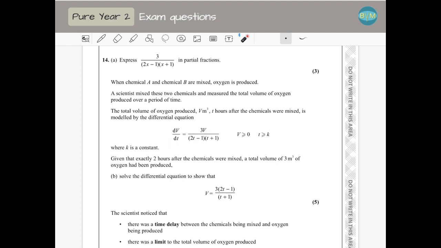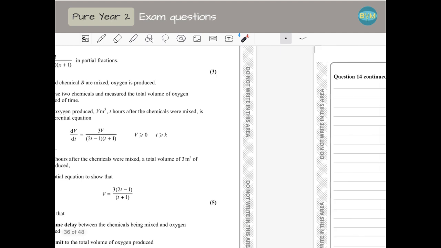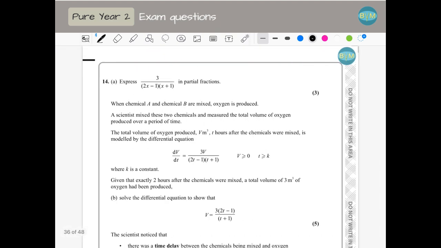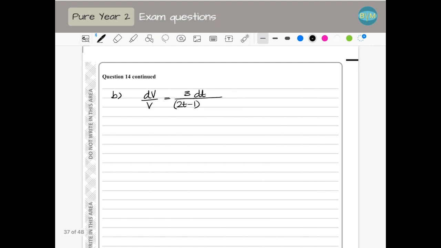I'm just dividing the whole equation by V and multiplying by dt. So I'm going to have dV divided by V equal to 3 dt divided by (2t minus 1)(t plus 1). I'm just reorganizing that equation.